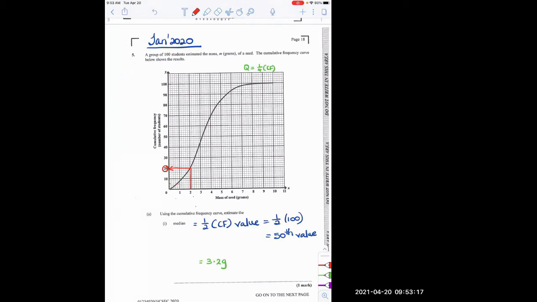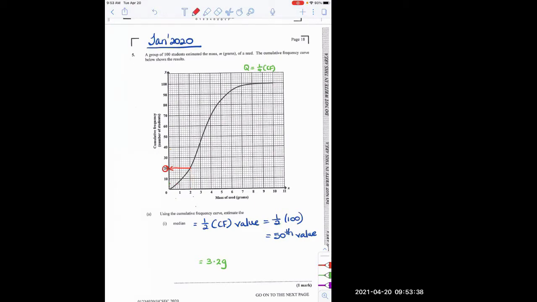Then we're going to 4.5, which is very close. Just now, 2, 4, 6, 8. All right, let's read off the value. It may be a little bit difficult.